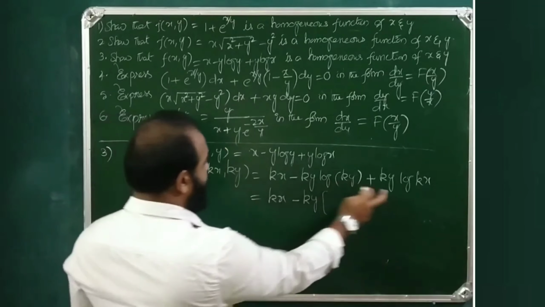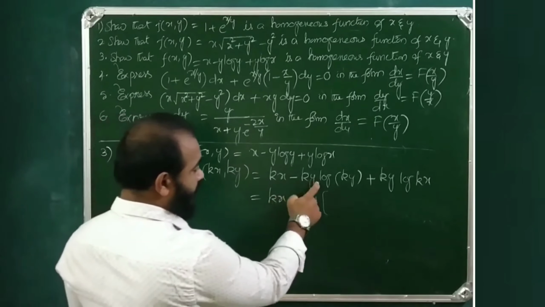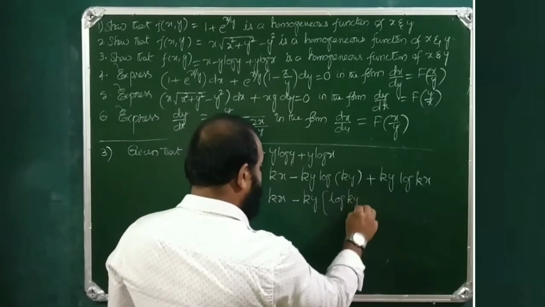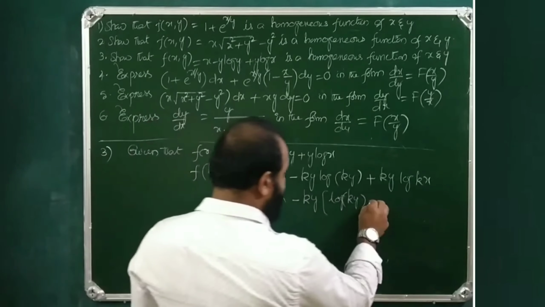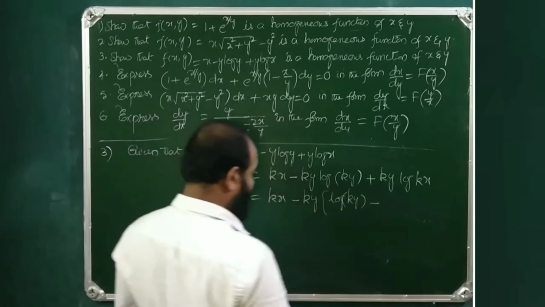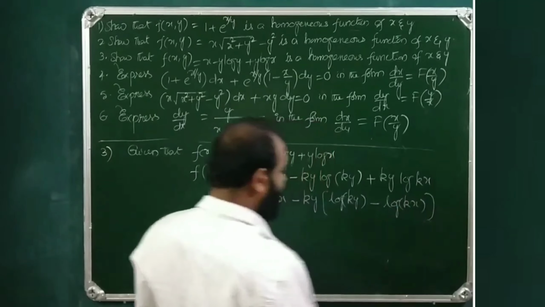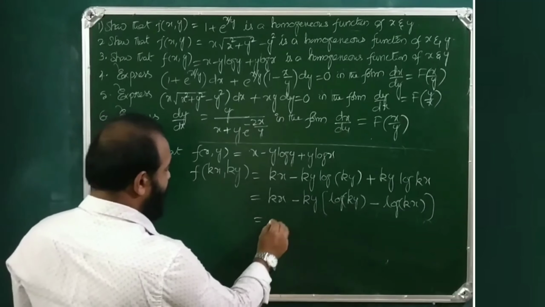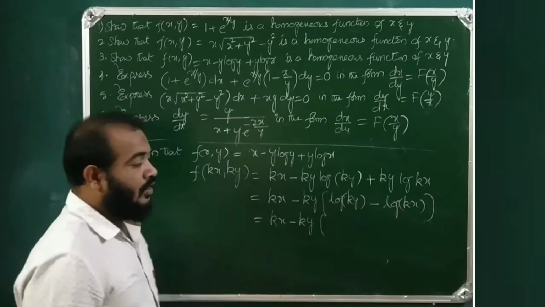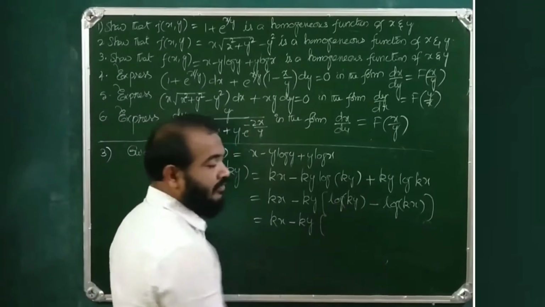If you take ky in common, then log ky minus, as we have taken minus in common, this plus becomes minus here, log kx. Now this is equal to kx minus ky into log ky.